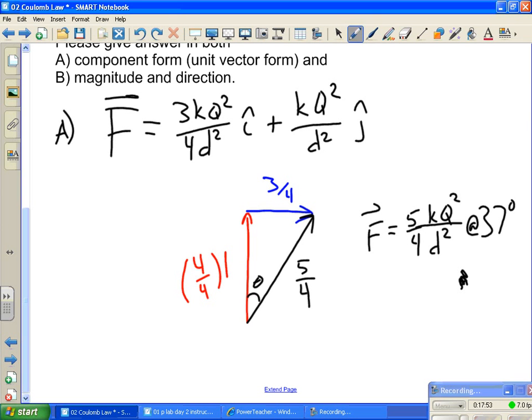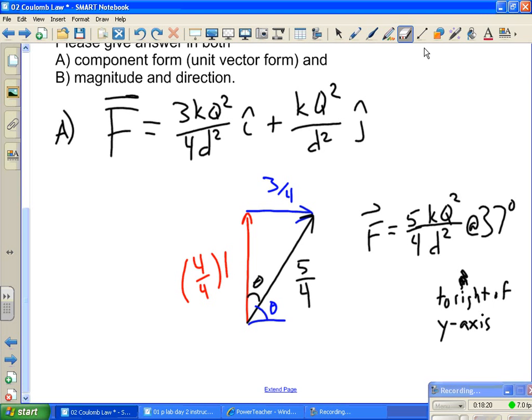That would be a 37 degree angle to the right of the y-axis, or the more traditional way of expressing that angle would be to measure this angle. So you could also say that's 5/4 kq squared over d squared at a 53-degree angle above the x-axis. And anyway, there we're done.